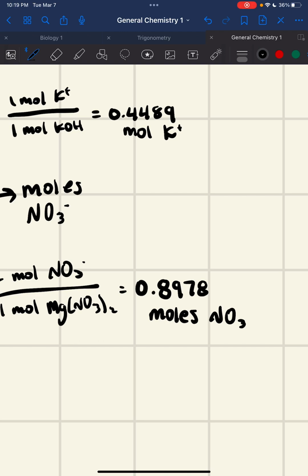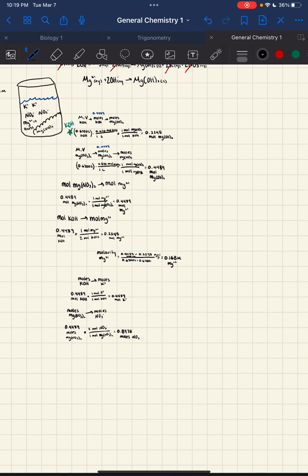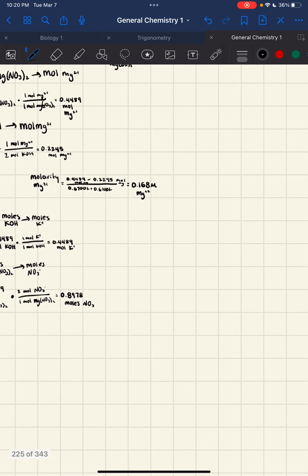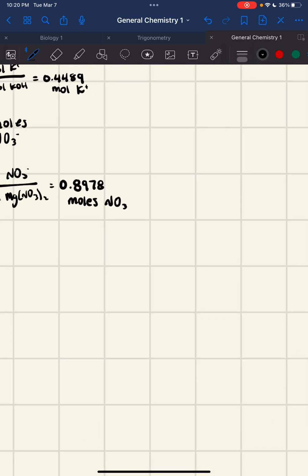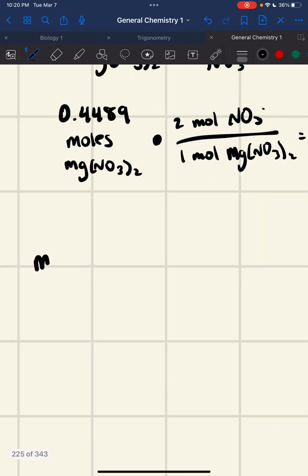Alrighty. And then from there, you're pretty much just going to convert that to molarity. To find the molarity, let me write this down.